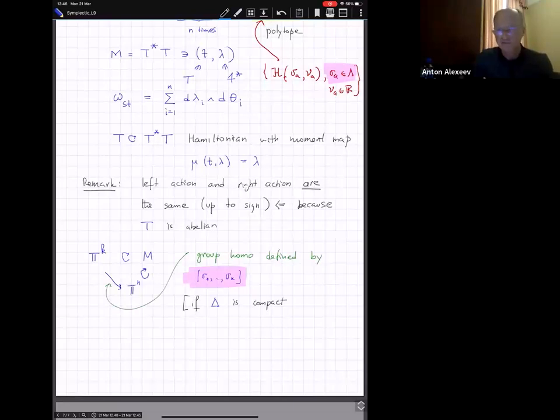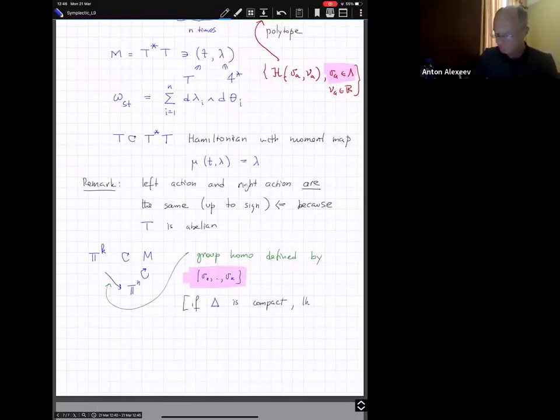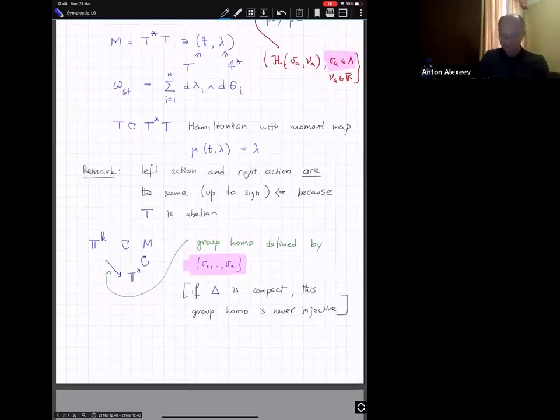So there's just no chance that all those v's would be linearly independent. So this group homomorphism is never injective. But that's fine. So the question is, what is the moment map?